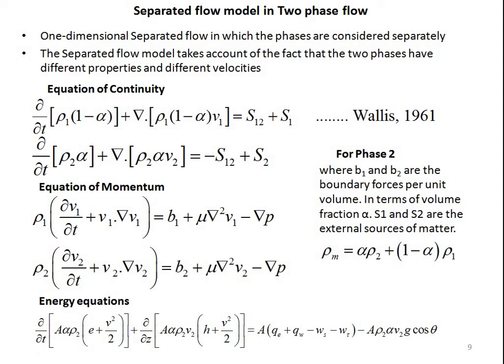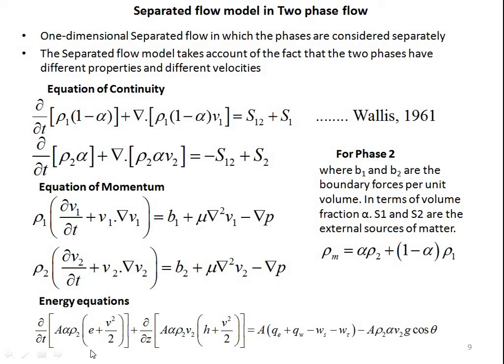What does the substantial time derivative analyze? It analyzes the change in mass or momentum with respect to a free stream velocity, as if you are flowing with the stream of a river in a canoe and measuring the velocity change with respect to your canoe and the free stream. So that is given by the substantial time derivative. This is basically a Lagrangian term, the LHS. Then we have body forces, viscous forces, and pressure forces, which is given by grad of P.